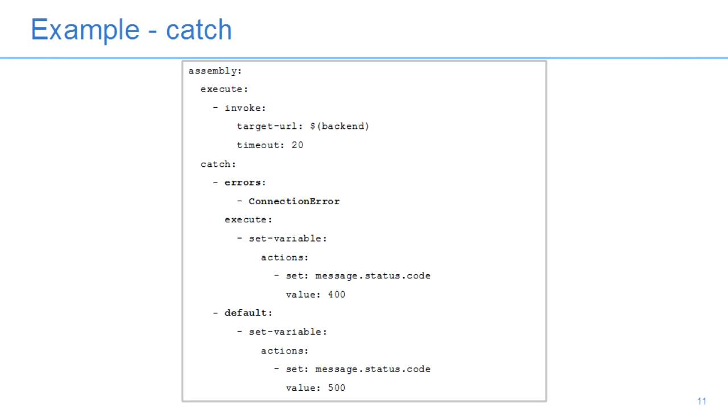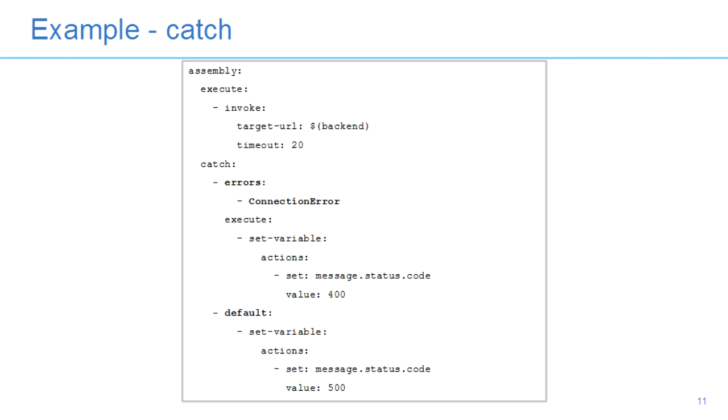Or you can define the keyword default instead of errors, which means that in case none of the errors you have declared match, it's your last resort. It will run in case of any other errors that you haven't specified there. So here, a pretty dull example, but showing this capability.